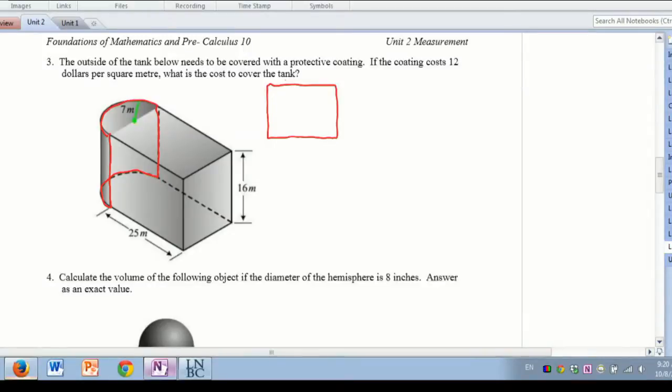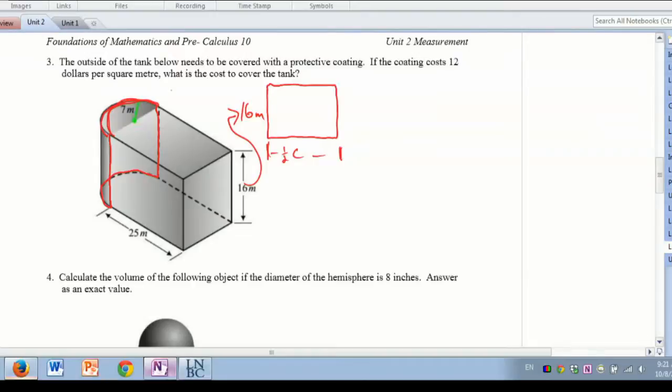All it is is a rectangle where I know that this is going to be 16 meters because this is the same here. And then this is just going to be the circumference, or I should say half the circumference of the circle here. So I do have half a cylinder, so I could use the cylinder formula.